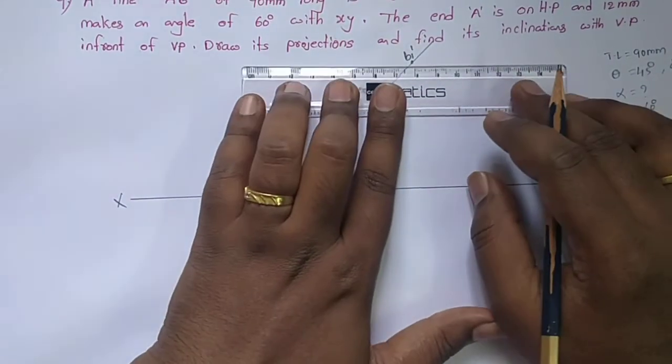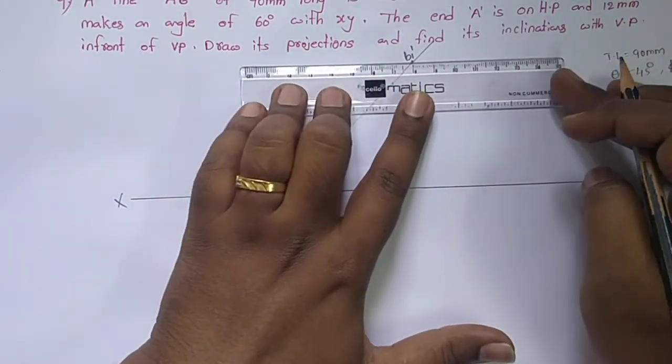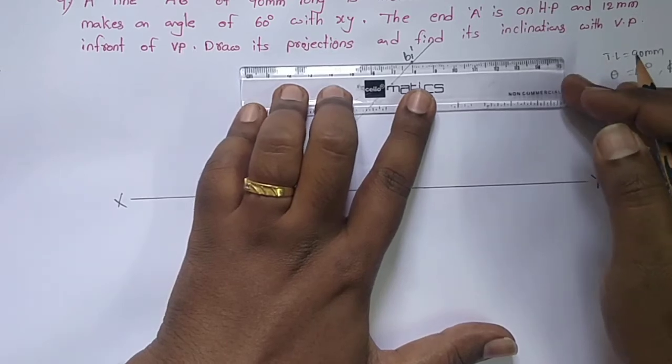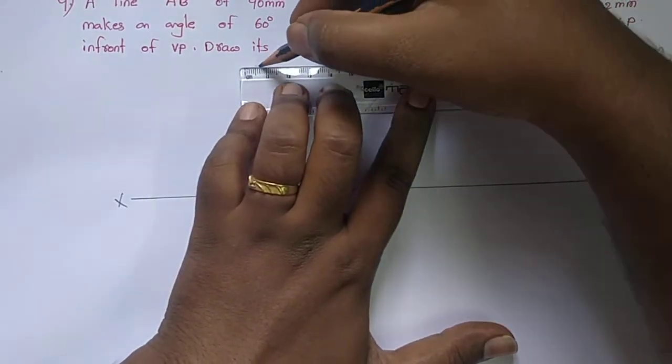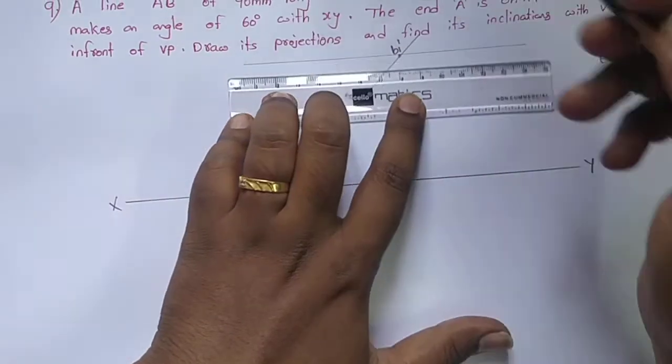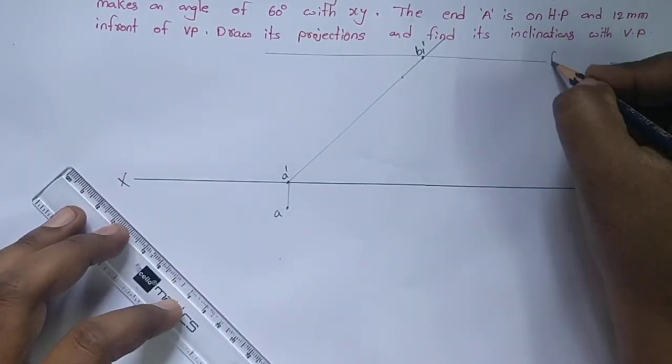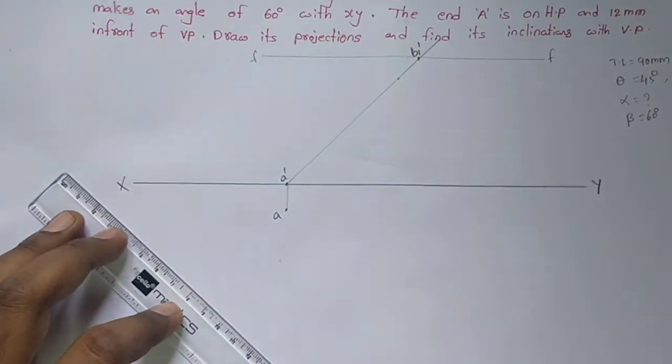Next, draw one horizontal line parallel to XY. This line is known as the locus of front view.